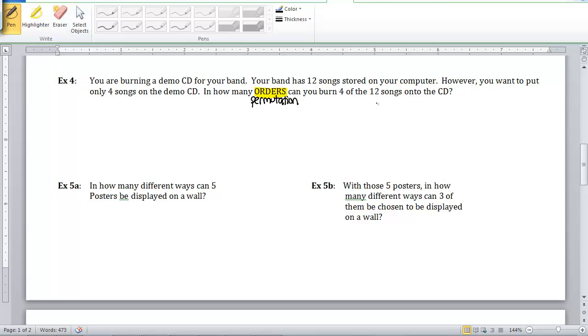Then I want to look at how many total songs I have and how many you want to use. Remember that in nPr, n is the total number of songs, P is for permutation, so order was important, and r is the number you're actually going to use, so 4 of them.